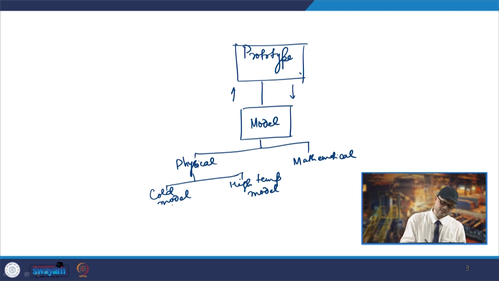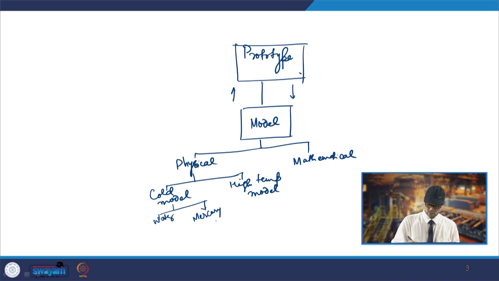Now, there are working fluids being used: either you can use water, or many a times some people have also taken mercury as the working fluid. So that way your physical modeling is carried out, and mostly we go for the cold model.